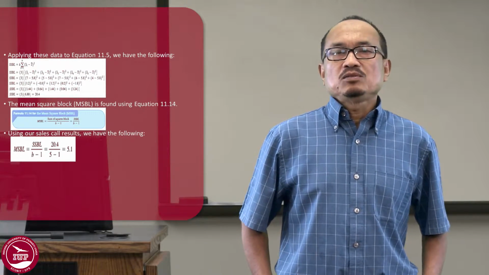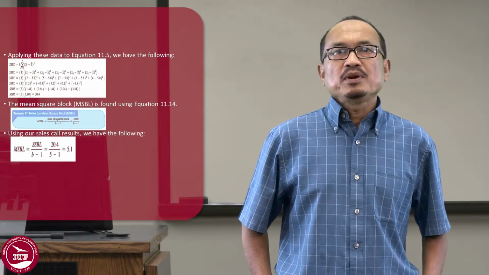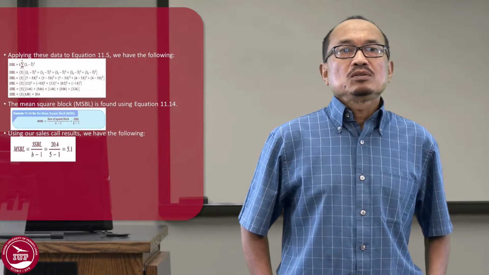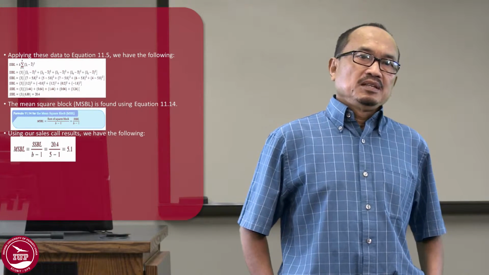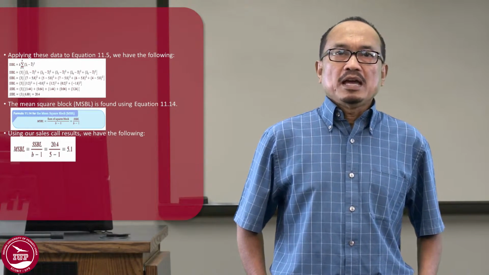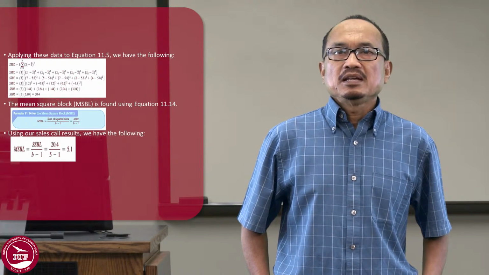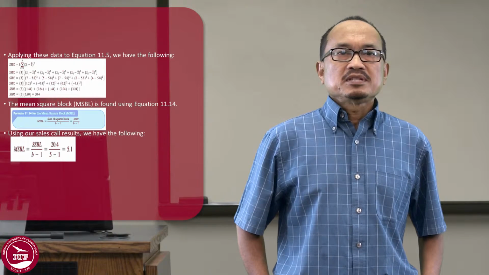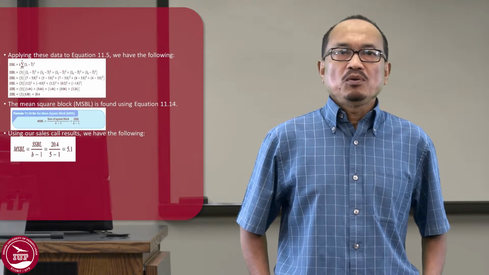Applying this data to equation 11.13, we have the following. SSBL is equal to 20.4. The mean square block MSBL is found using equation 11.14. Using our sales call result, we have the following.